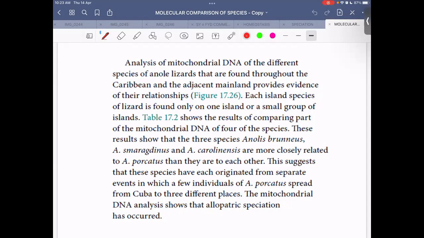So this kind of speciation, in which some of the organisms are geographically separated from the original group of organisms, is known as allopatric speciation. Allo, other, patria, land, right?